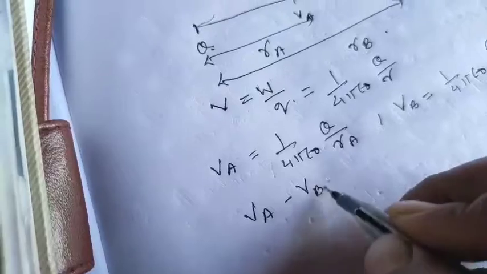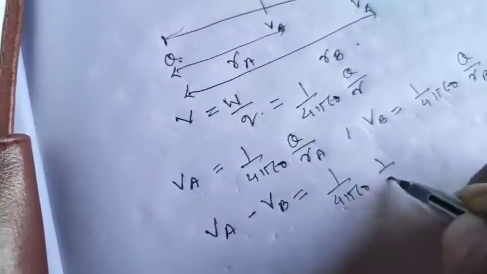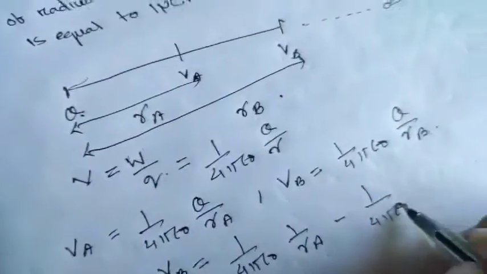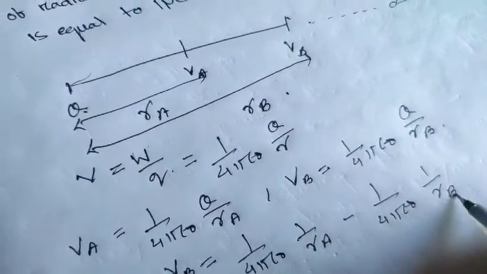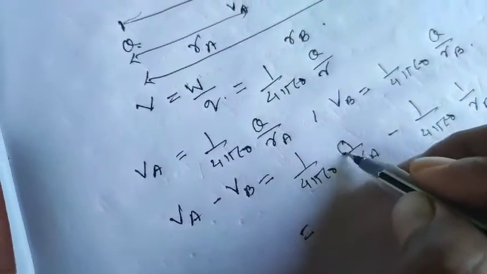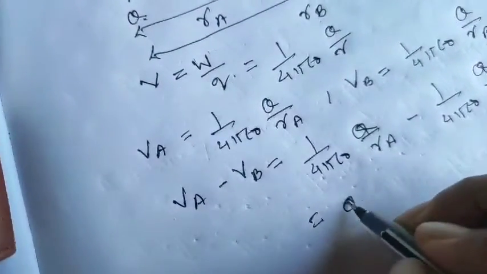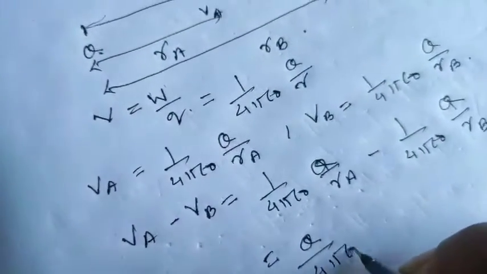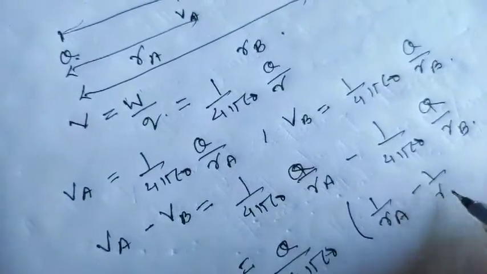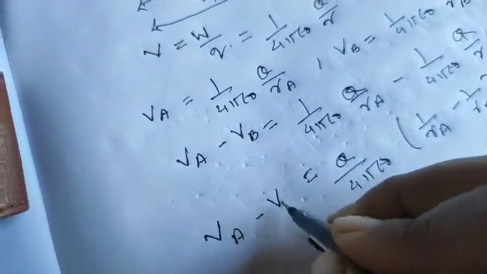V_A minus V_B, that is 1 by 4 pi epsilon naught Q by r_A minus 1 by 4 pi epsilon naught Q by r_B. Now take Q common, 4 pi epsilon naught common, student, then left with 1 by r_A minus 1 by r_B. This much you have understood, and the left hand side is V_A minus V_B.